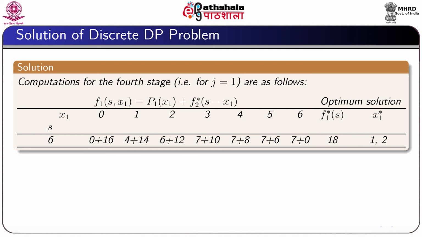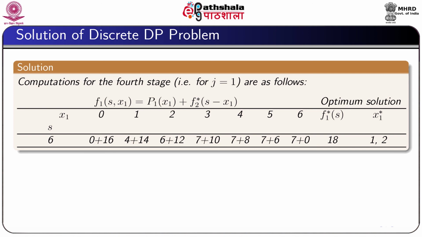So, s will take the value 6 only, and then from the recurrence relation we can find the values of f_1 star for different values of x_1 as shown in this table. From this table we see that the optimal value of the profit is 18, and this is obtained when x_1 takes the value 1 or 2.